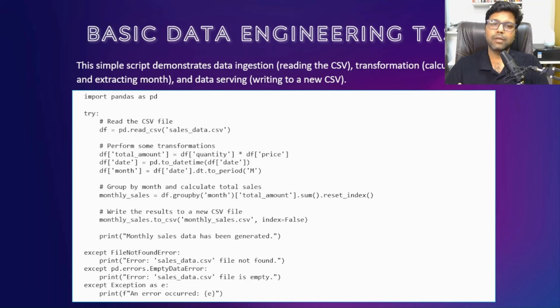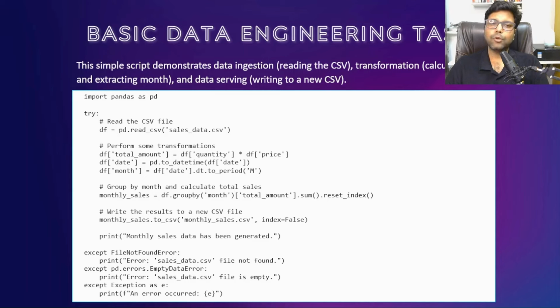We are calculating the total amount based on the quantity and the price. We are converting the date. There is something called to_datetime, which helps us convert the string to datetime format so that we can fetch month details. In the next line, we are fetching the month details.